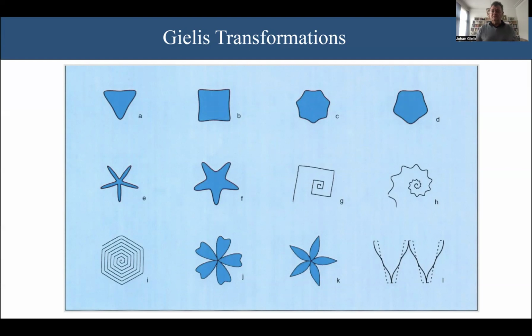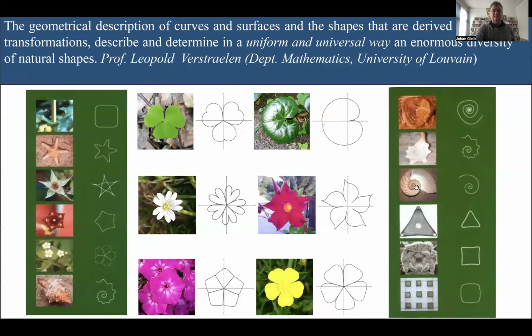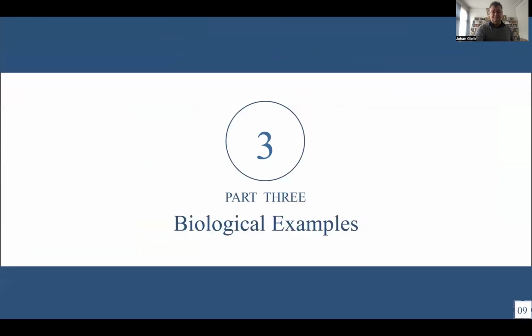For example, a spiral function could be modified into something that we see also in mollusk shapes. Now, what is very important from a mathematical point of view, this uniform description of natural shapes, very, very wide shapes in just a few numbers, is a mathematical breakthrough, at least in the natural sciences.